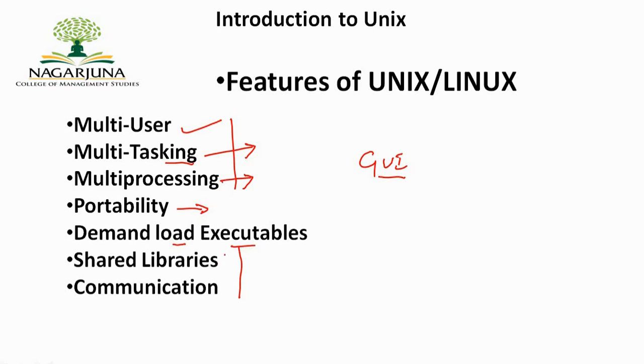The next feature of the Unix operating system is shared libraries. Shared libraries are a collection of routines which are required by programs. These are standard libraries which are used by more than one process at a time. Therefore, the program code for these libraries is loaded only once rather than once for each process.